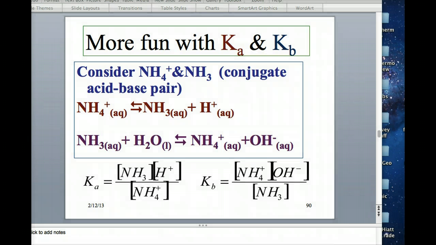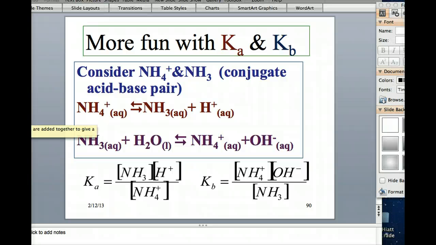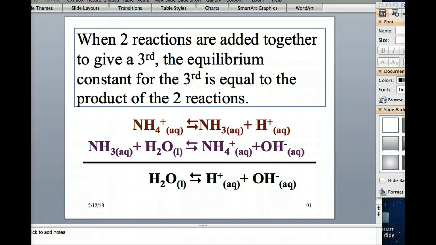Okay, so what does this mean? Well, remember what happens if we do a stepwise reaction. It's almost similar to Hess's law in a way, when we have multiple reactions that we're going to add up. And this is true for all acid-base reactions and the conjugate, and the reverse.